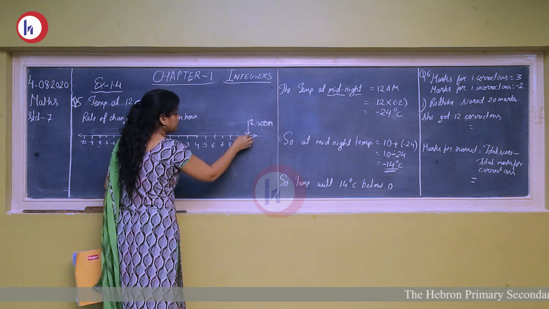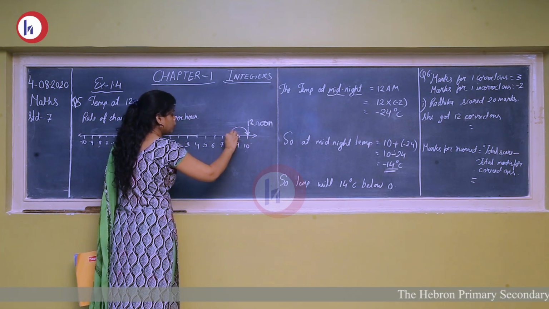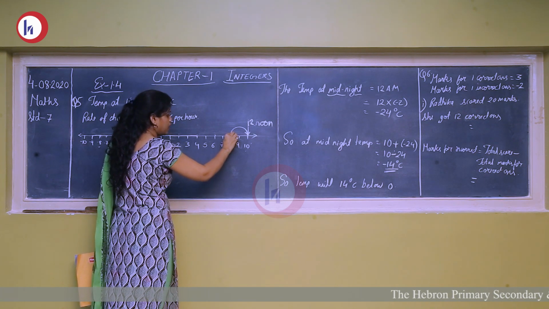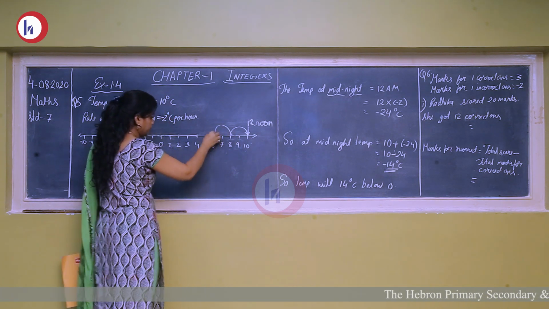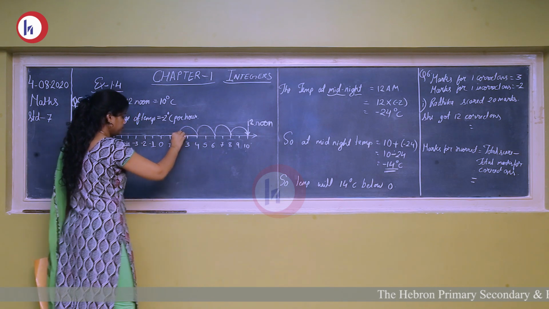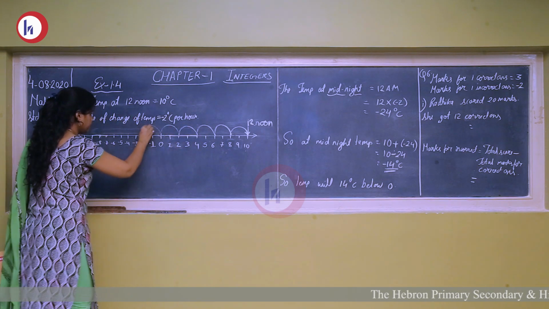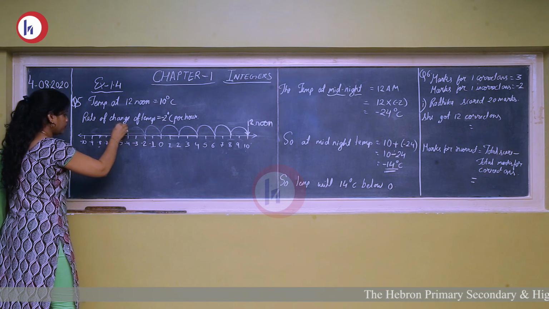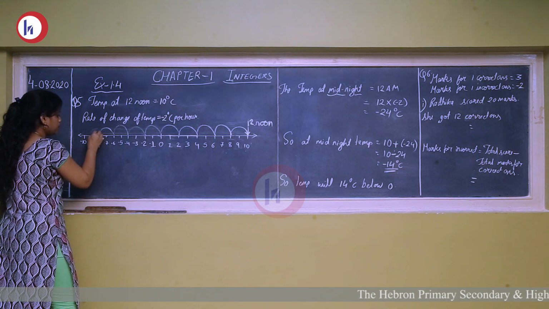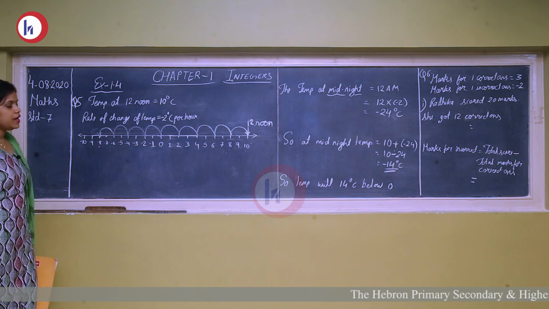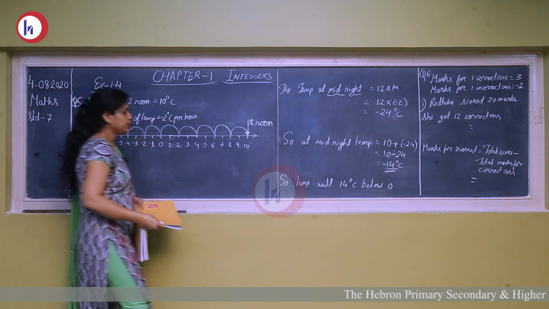From here it started decreasing 2 degrees Celsius every hour. So it keeps on decreasing until it is minus 8 degrees C. Now it is asking us to tell the time.